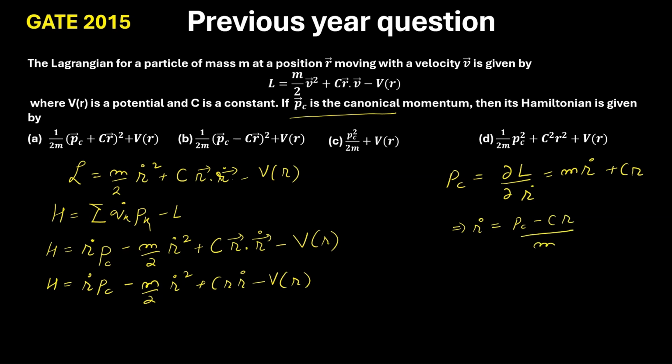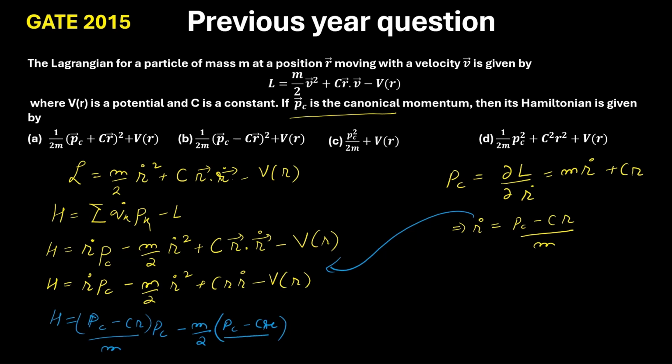What I'll do, I'll substitute this in the expression. If I substitute here, it will be pc minus cr divided by m into pc, minus m by 2 times pc minus cr by m whole square, plus cr into pc minus cr divided by m, and minus v of r.